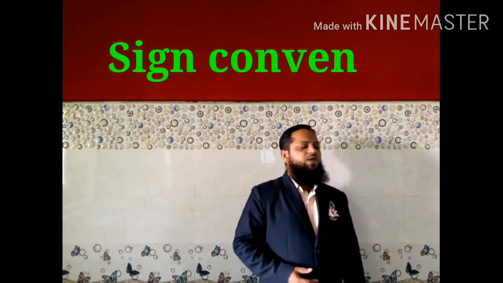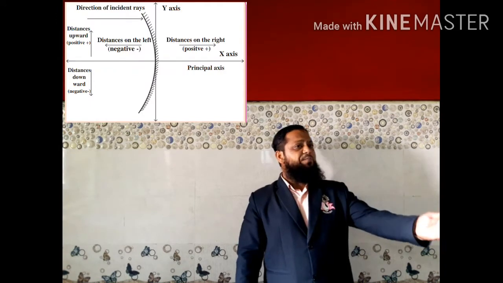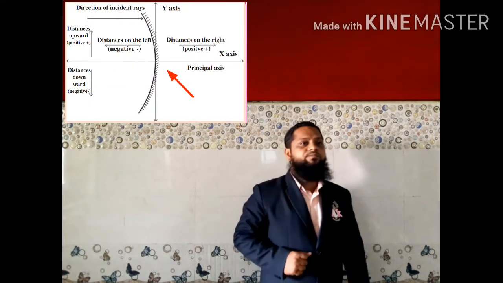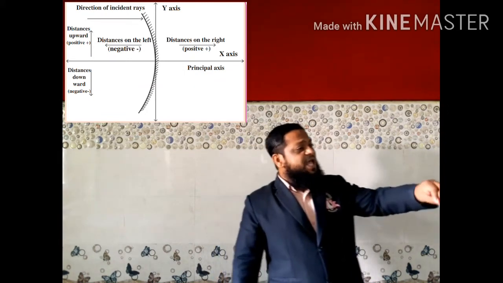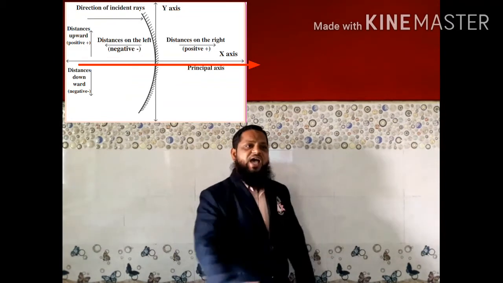Let's begin the new topic, that is sign conventions. According to the sign convention, the pole of the mirror is taken as the origin. The principal axis is taken as the x-axis.